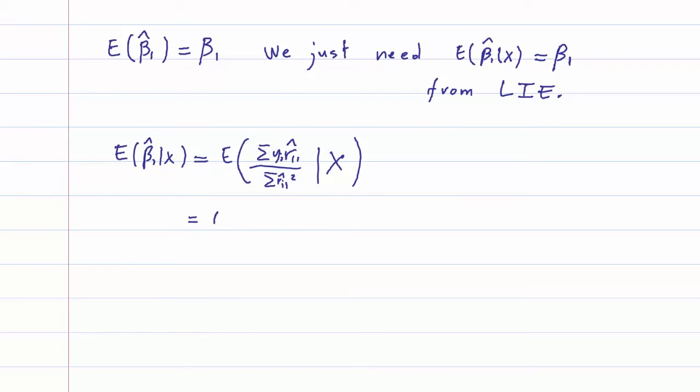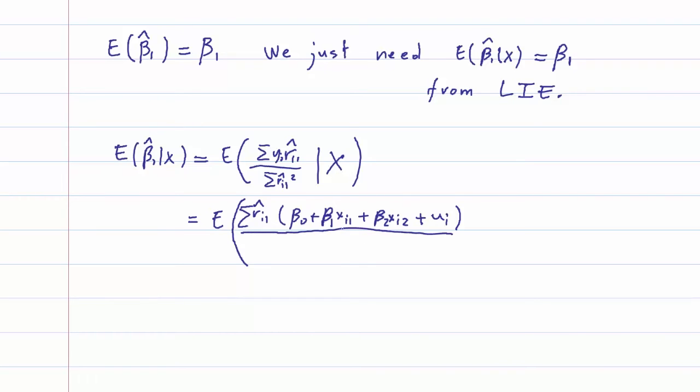So I get the expectation of the sum of ri1 hat times, and y is equal to beta 0 plus beta 1 xi1 plus beta 2 xi2 plus ui. We are in a multiple linear regression model with just two explanatory variables, but the logic is the same if we have more x's, so if we have xi3, xi4, etc.